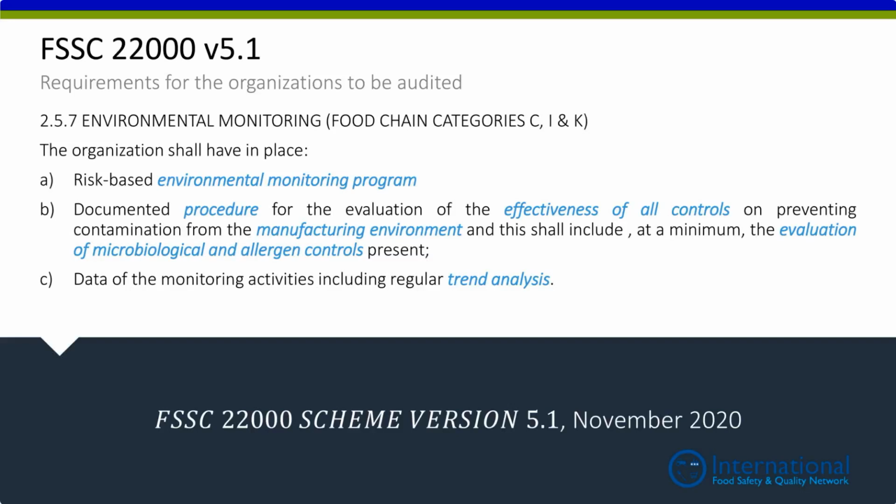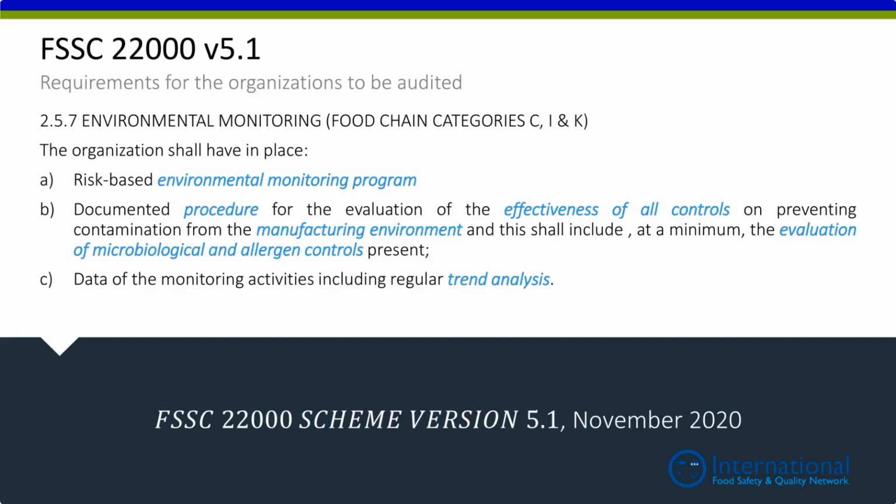So you see, it's a little bit different than it is defined in the GFSI. In GFSI, they are saying only microbiological, but here FSSC is saying microbiological and allergen controls present. And at the end, data of these monitoring activities, including regular trend analysis.